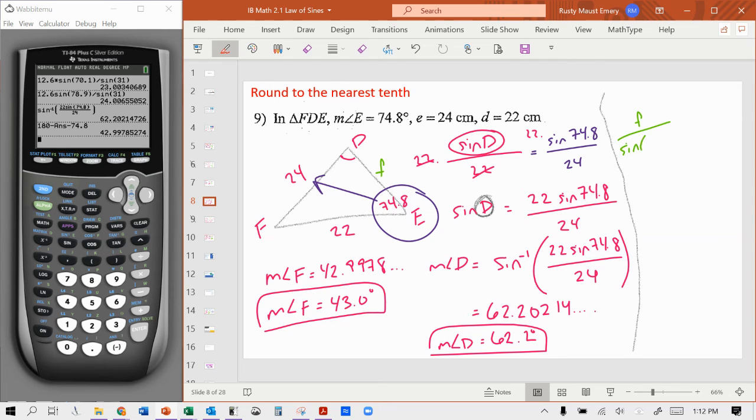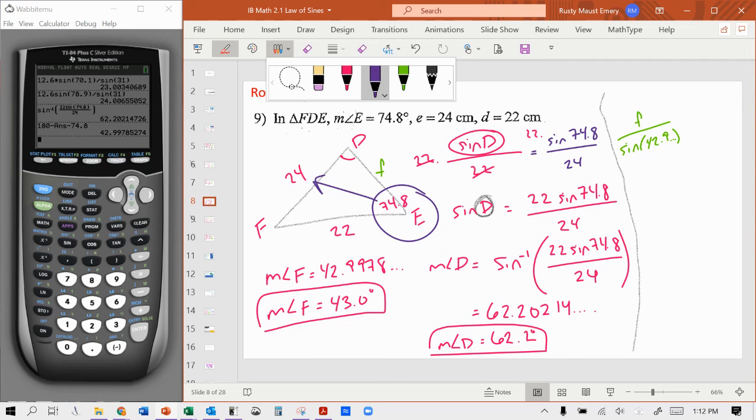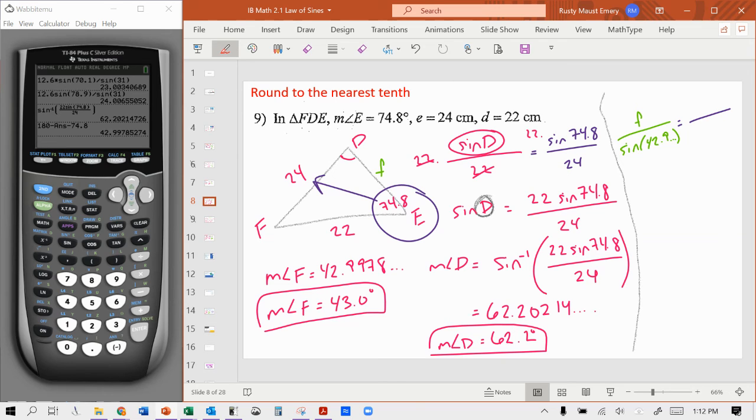I'm going to use the 42.9... That's important. Notice in my calculator, I still have it there. I'm going to leave that there for just a second. Finish writing down my equation, and then we're using our complete ratio, which again, side is on top this time, so 24 is on top, over sine of 74.8.